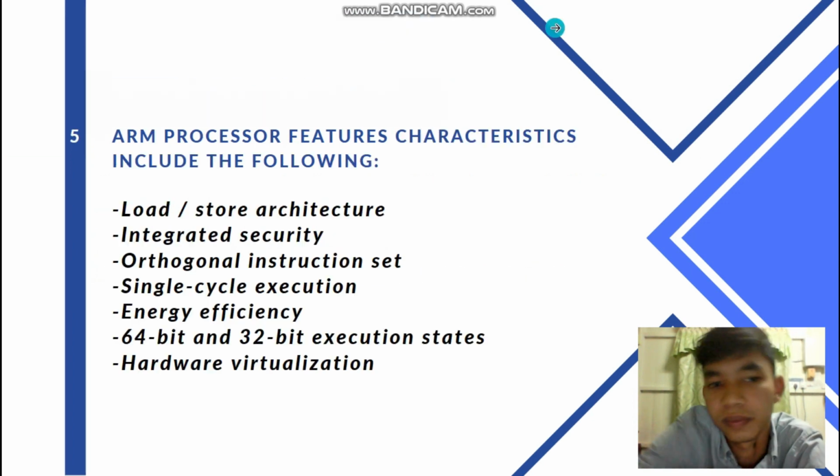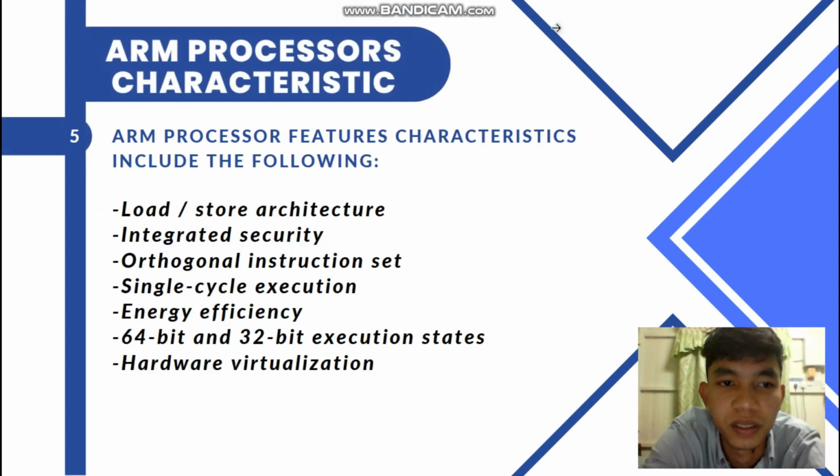Next, ARM processor characteristics. ARM processor feature characteristics include the following. Number 1, load store architecture. Number 2, integrated security. Number 3, orthogonal instruction set.